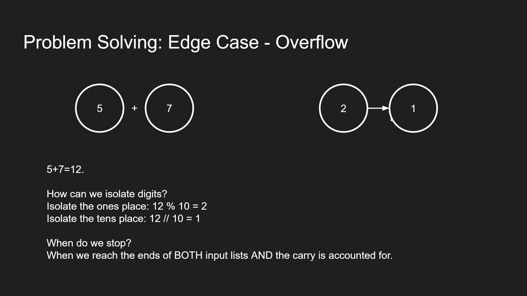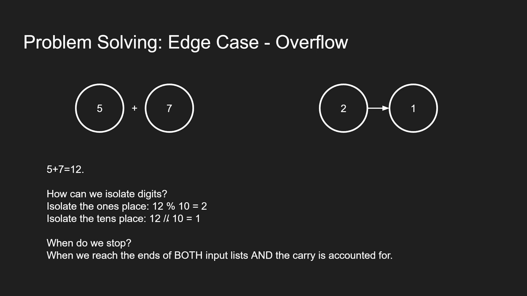To do this, we can add a variable called carry and isolate the places. So we calculate the addition, which is 12, and then you use the modulo, which is basically the remainder operator, and you get 12 mod 10 equals 2.